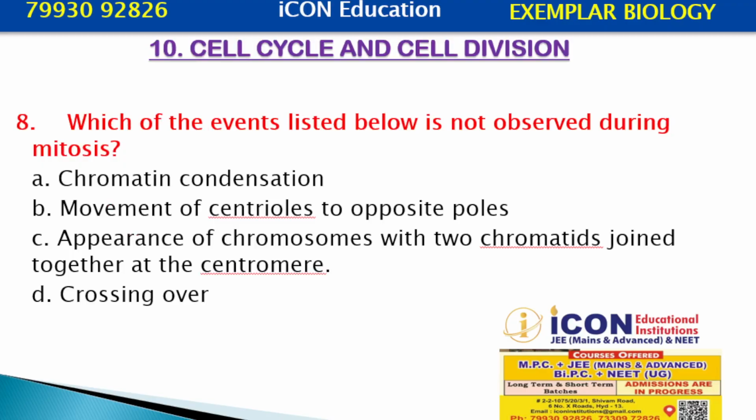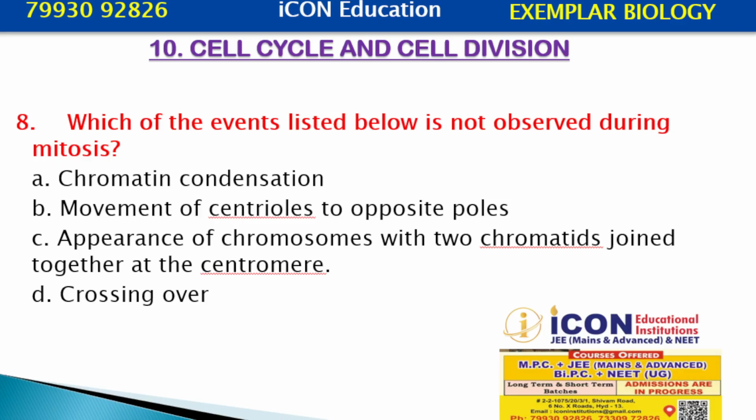Question number 8. Which of the events listed below is not observed during mitosis? What do you not see in mitosis? Chromatin condensation. This happens during mitosis. Movement of centrioles to opposite pole. This event also happens.